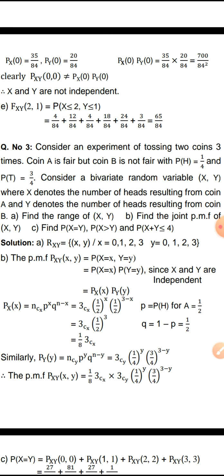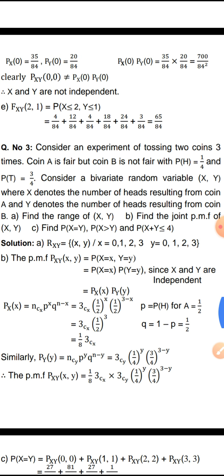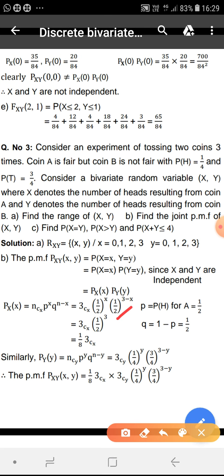So 3Cx into half power x into half power 3 minus x. Half power x and half power 3 minus x will be half power 3, base same, powers can be added. Half power 3 is 1 by 8. So 1 by 8 into 3Cx. This is Px of x, the probability that x will be taking value x.